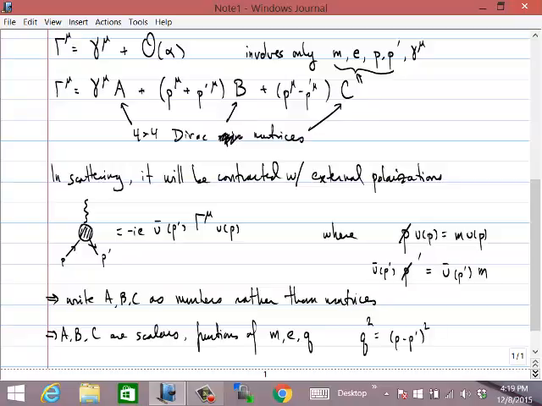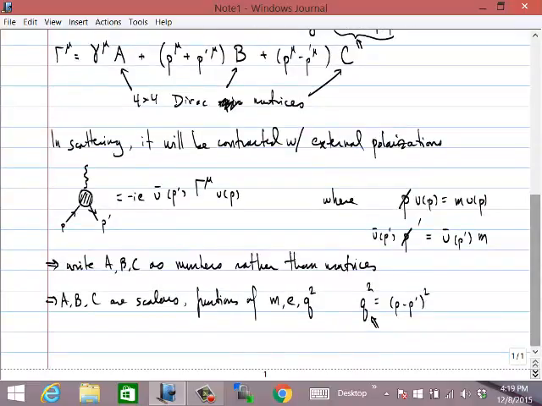And so I could just as well write, instead of P dot P prime, Q squared. Good. That's probably the best way of saying it. So you have these three scalar functions, A, B, and C, that can appear in the general quantum vertex.